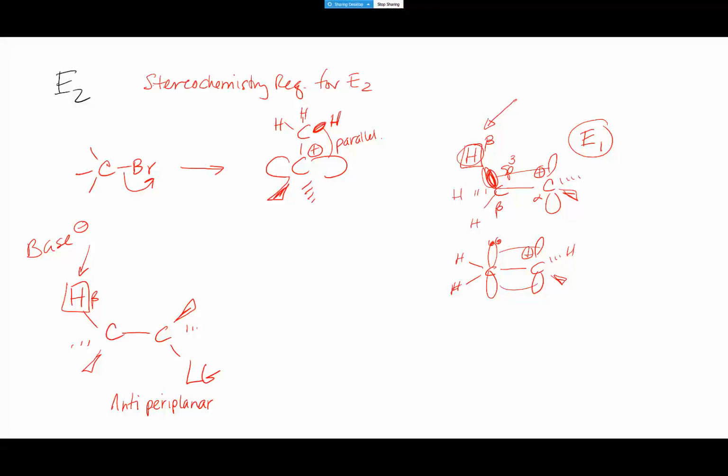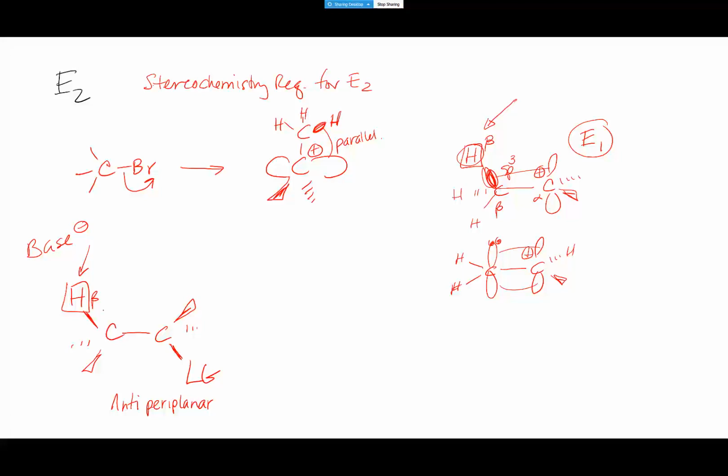What does that mean? It means exactly what it says. This hydrogen bond has to be planar to that leaving group, and the hydrogen has to be anti to the leaving group.